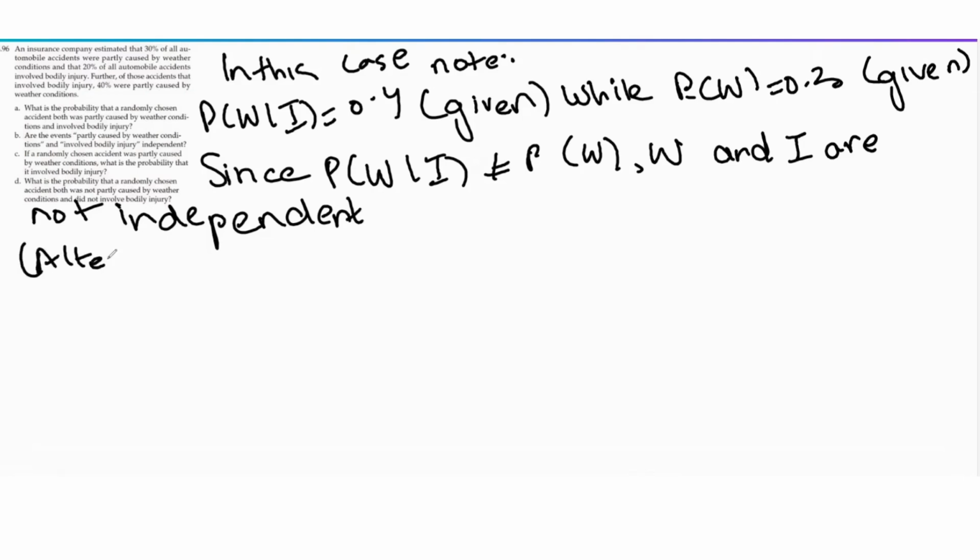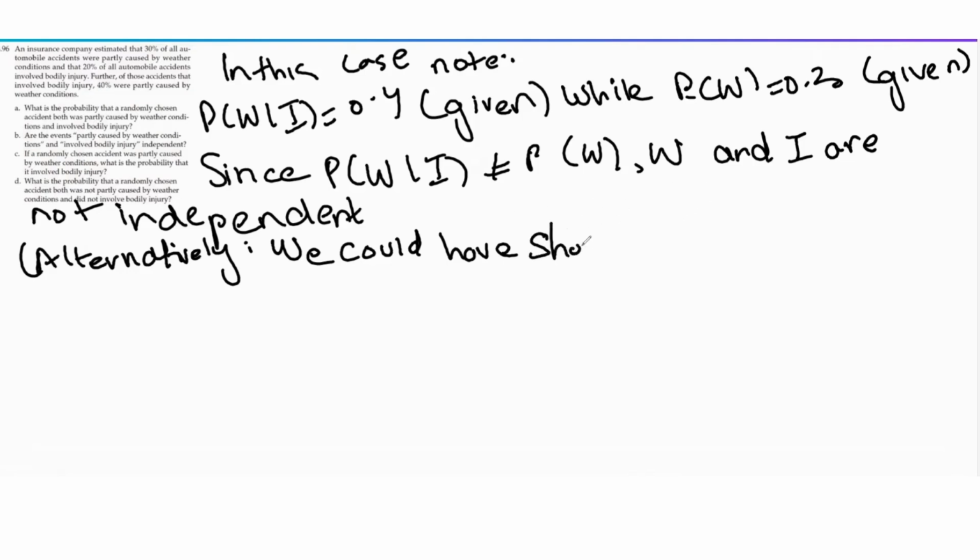Alternatively, we could have checked another condition as well. Because there are three conditions, right, you can choose to prove any one of these to show they're independent, or you can disprove any one of these to show they're dependent.